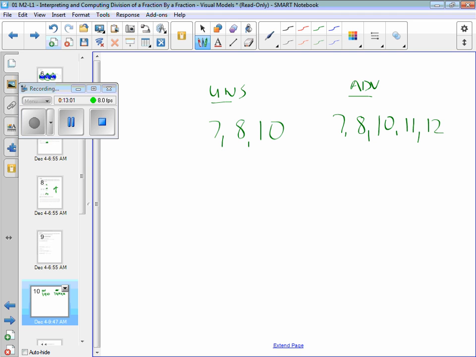We're not going to do the problem set. We're going to skip it. No matter what, you have to skip page 9 because there's typos. So regular are doing pages 7, 8, and 10. Advanced are doing 7, 8, and 10, and then 11 and 12.